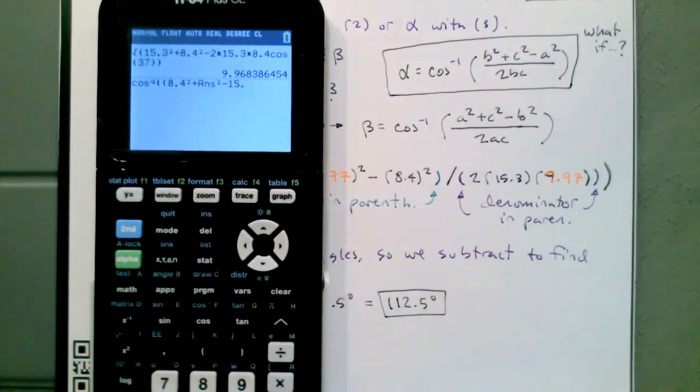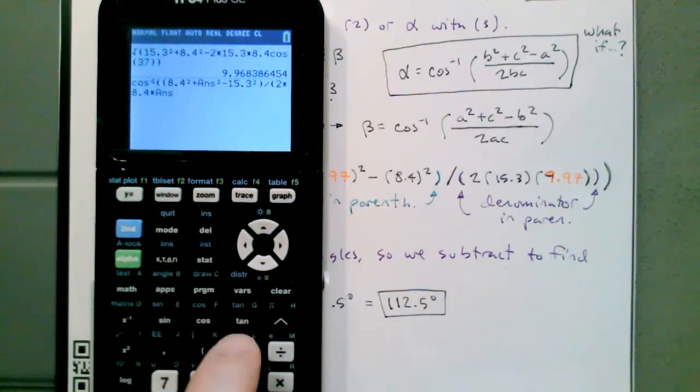Close the numerator, divided by open the denominator, 2 times b times c. Close the denominator, close the cosine inverse, and hope that it comes out to 112.5, which it does.